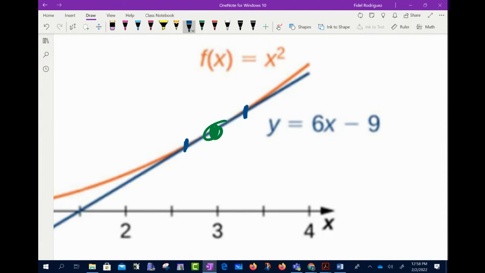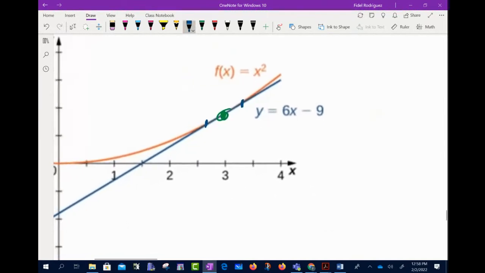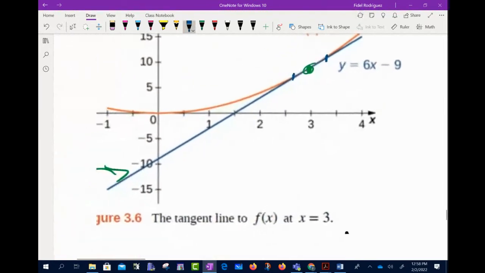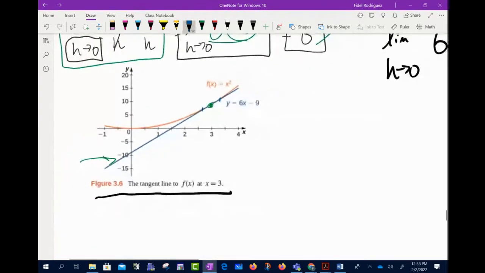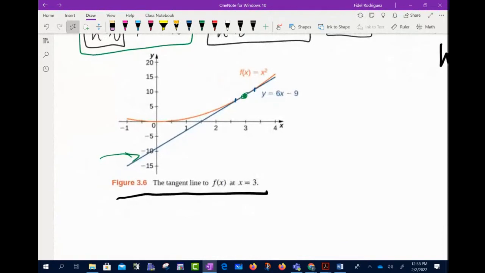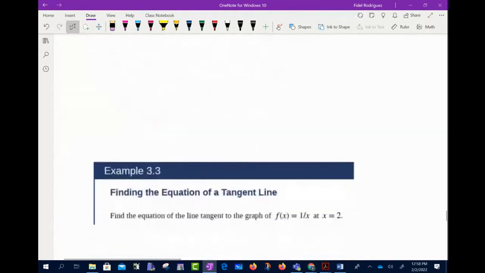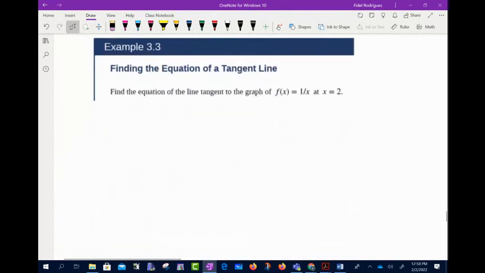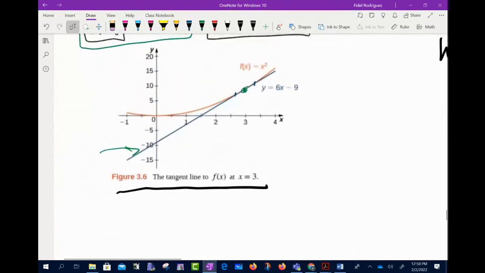They look almost the same right there as I zoom in. And that's the graph of my tangent line. Remember, the tangent line hits the graph at that one point. But as I zoom in, they look almost the same. Okay. So let me zoom back out. There we go. And there's the graph of our tangent line, right? Okay.